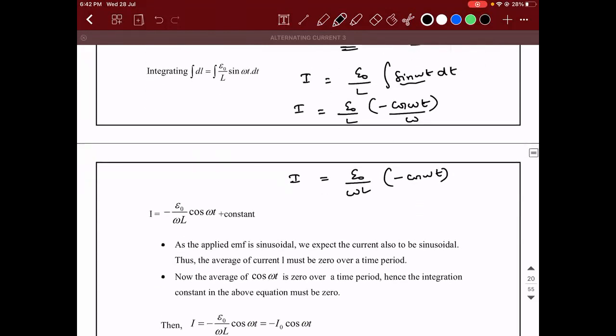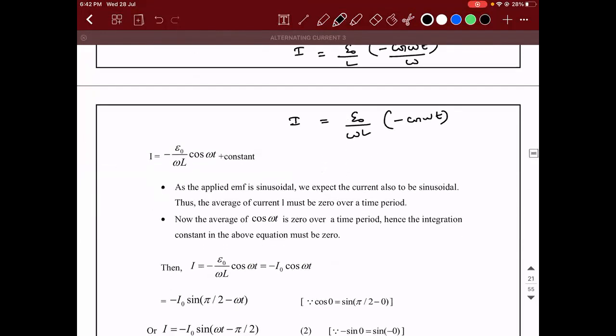So I is equal to E naught divided by omega L into minus cos omega t. This E naught by omega L is what I call I naught, into minus cos omega t.